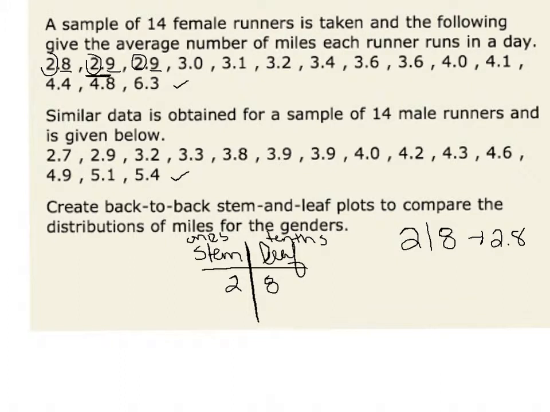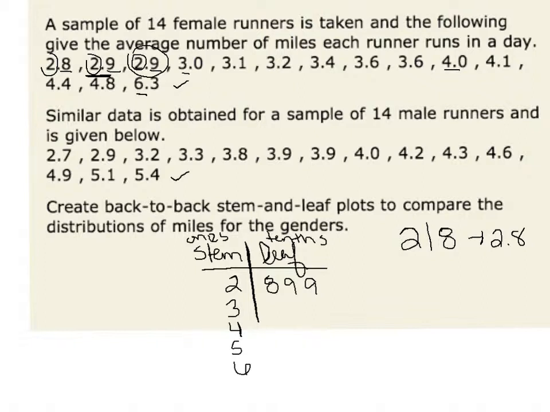Taking the next value of the female runners as 2.9, we would see that it still has a stem of 2, but a leaf of 9. Our third data point is also 2.9, which would give us a stem of 2 and a leaf of 9. Our next data values have the ones place value of 3, 4, and 6. Therefore, we would write on our stems 3, 4, 5, and 6.